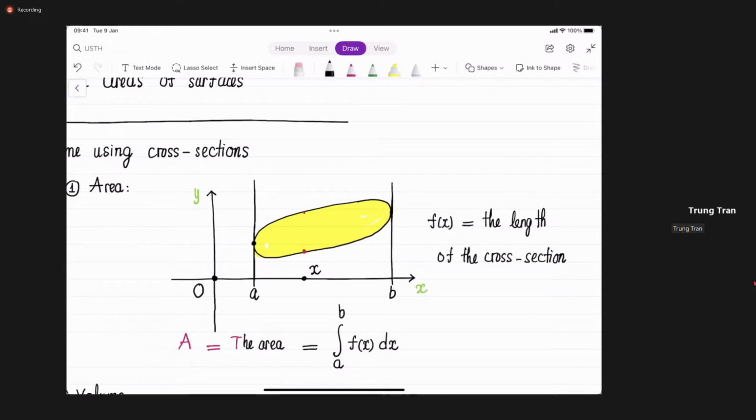If you want to consider along the x-axis, you need to figure out what is the interval. At first, you construct a line. For example, in this picture it is x equals a.